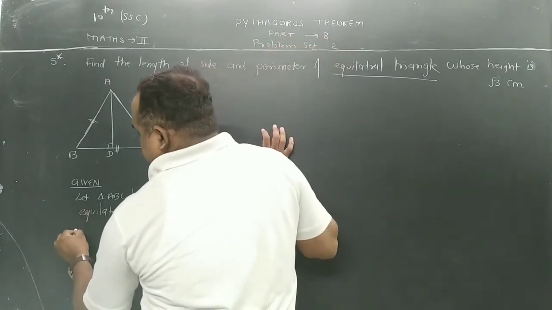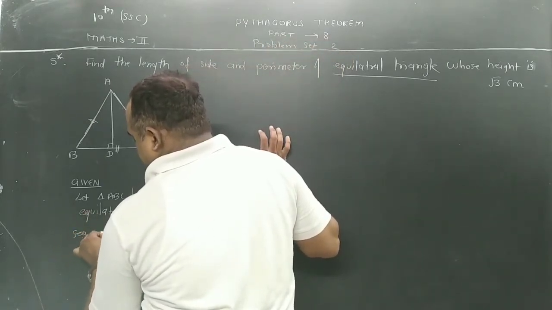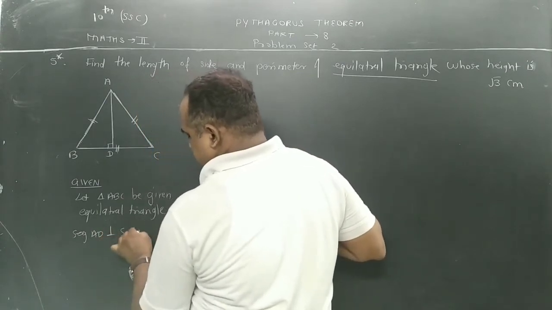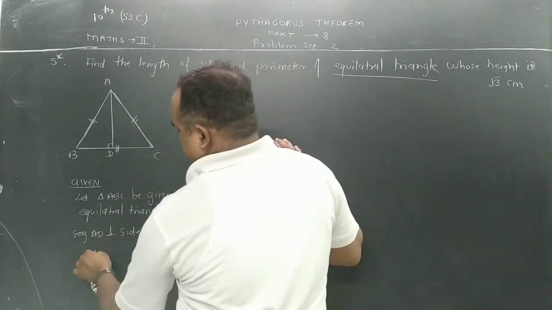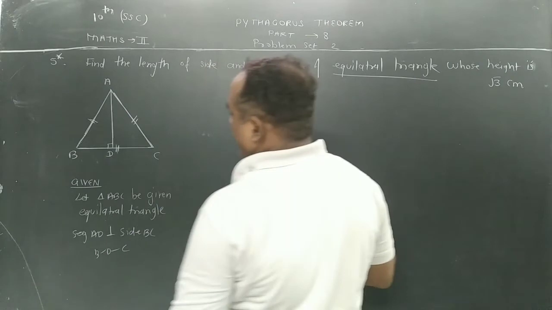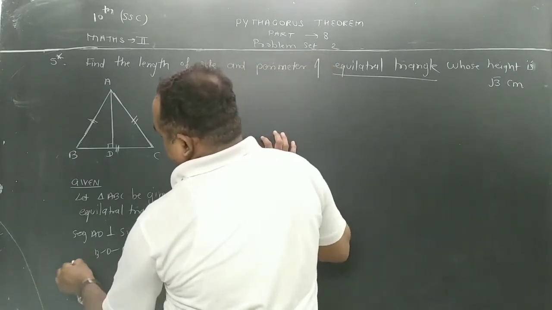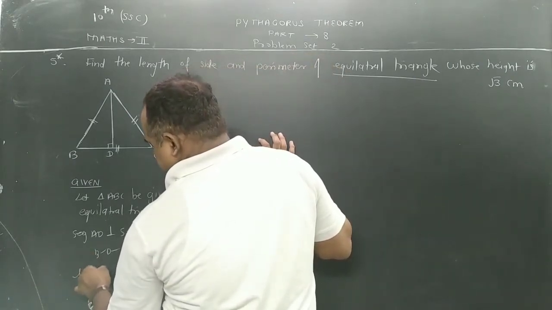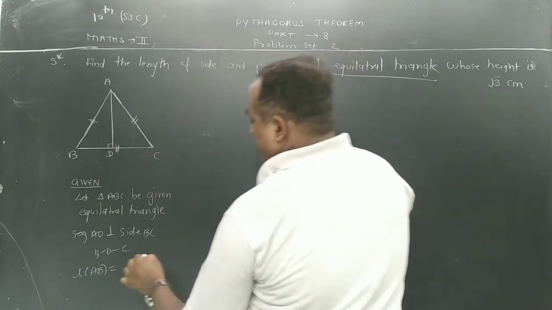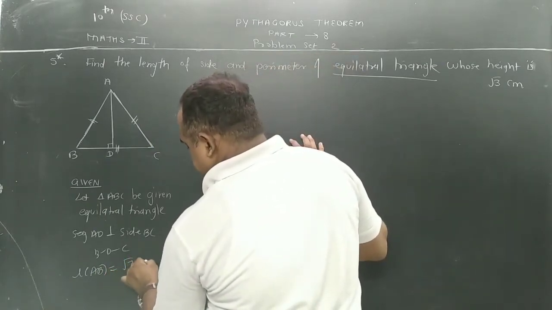Then segment AD is perpendicular to side BC. B, D and C are collinear points and length AD is equal to root 3 centimeter.